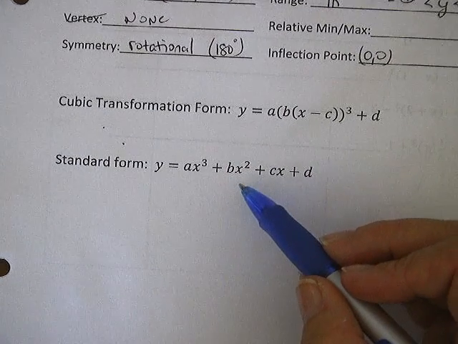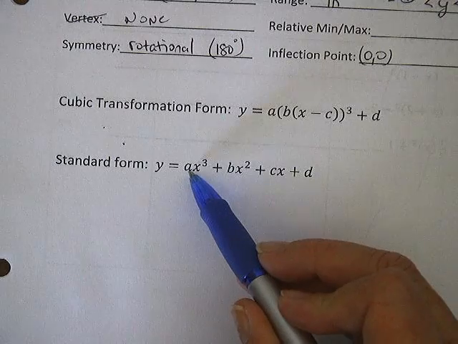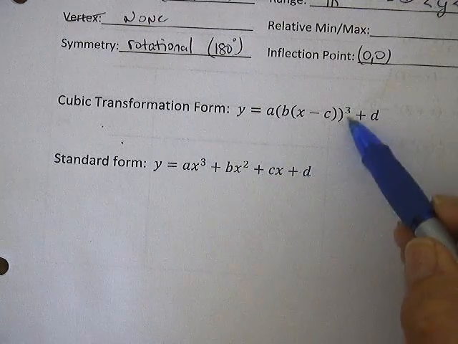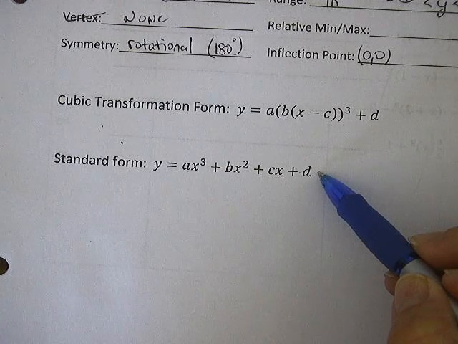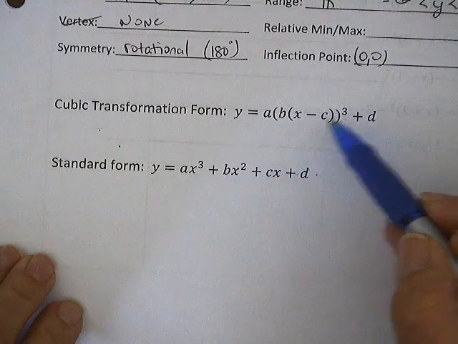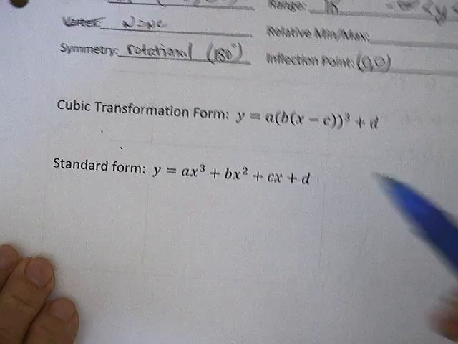We also have a standard form, which looks a lot like the quadratic standard form. However, it's important to keep in mind that a, b, c, and d are not the same in both these forms. So don't make the mistake of assuming that if it's a value of 4 for c here, it's going to be a 4 here. That will not hold true.